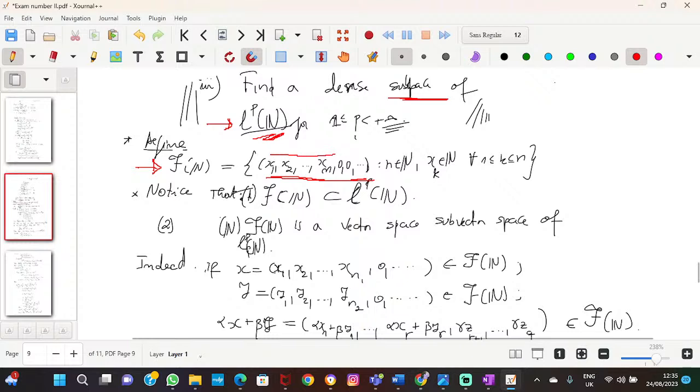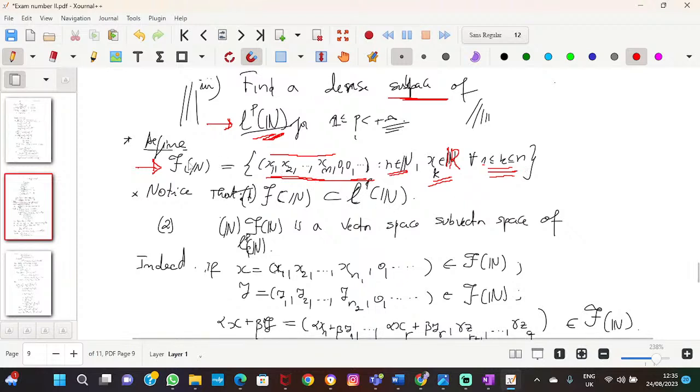So we start with x1 up to xn successively, and then after that zero everywhere. So that's why we say n is an integer, and all the xk are in R for all k between 1 and n.